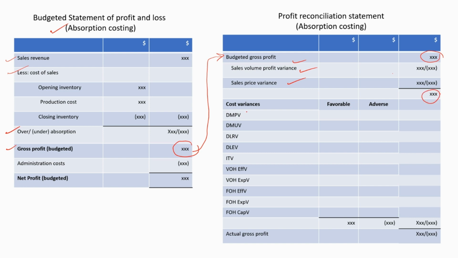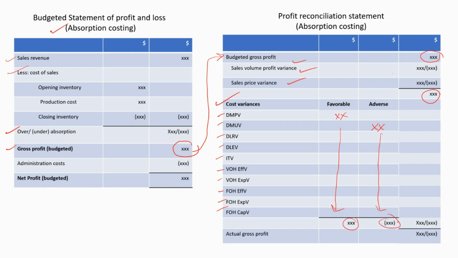Then we have to adjust for the cost variances. All of the cost variances should be included here, such as direct material, direct labor, variable overhead and fixed overhead. If the variances are favorable, we add here. If the variances are adverse, we add here. Finally, we can calculate the total favorable and total adverse variances.